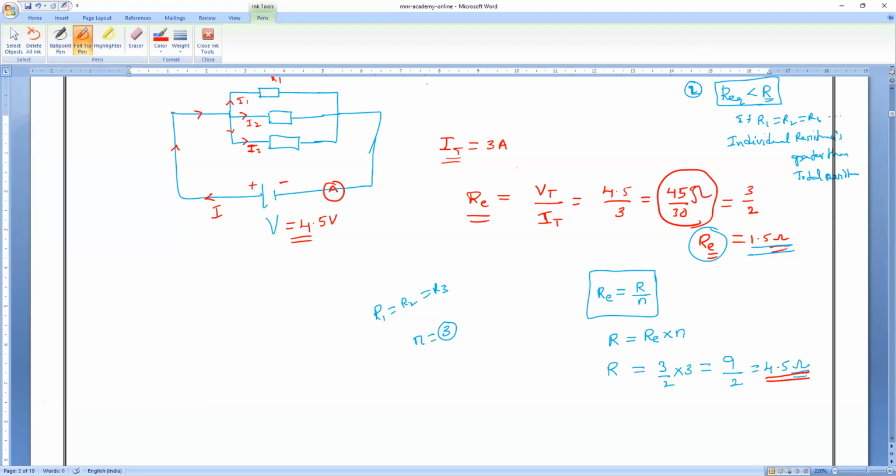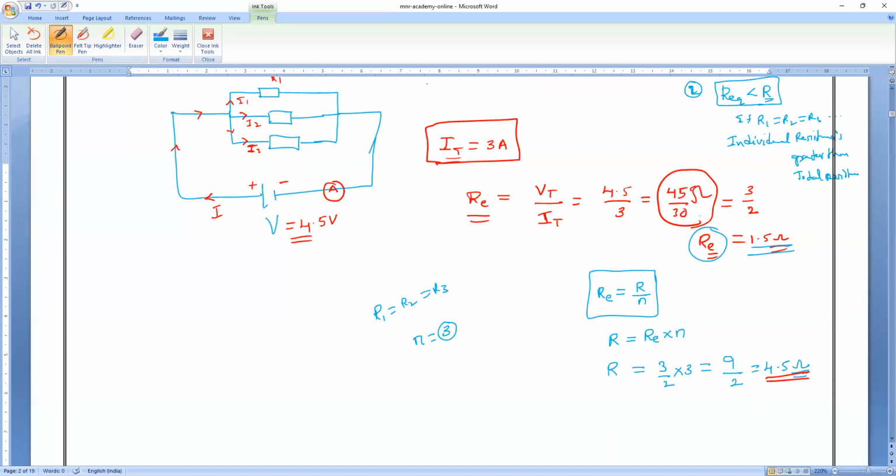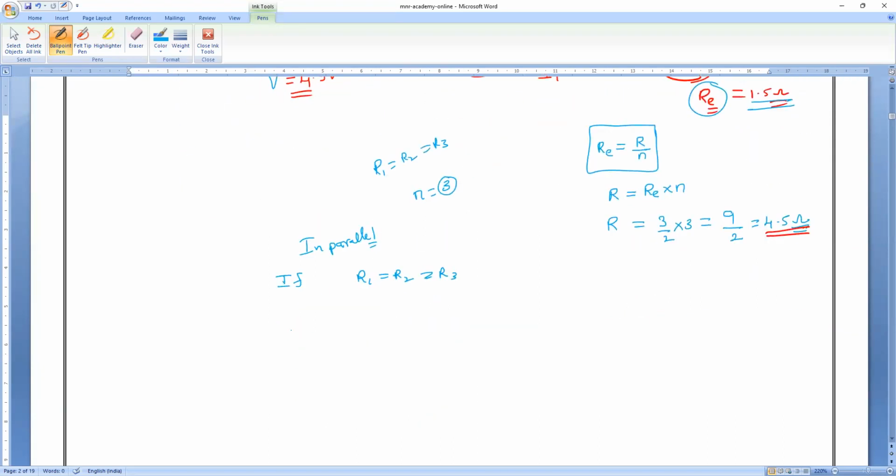Now all of you observe, we found that each is identical. The total current is 3 ampere. Now we will find the current across every one resistor. We all know if R1 is equal to R2 is equal to R3 in parallel, see, very clearly you make clarity, then only you proceed, then I1 is equal to I2 is equal to I3 because they are identical.